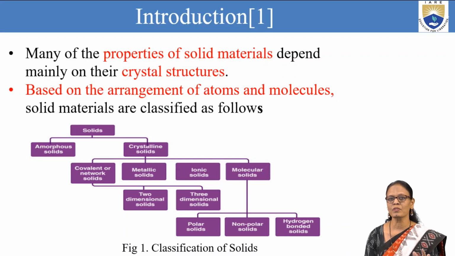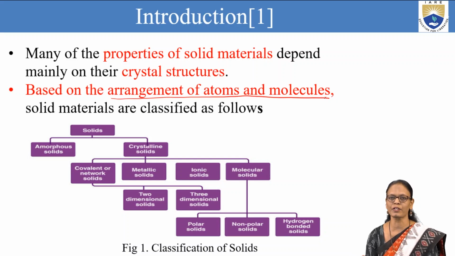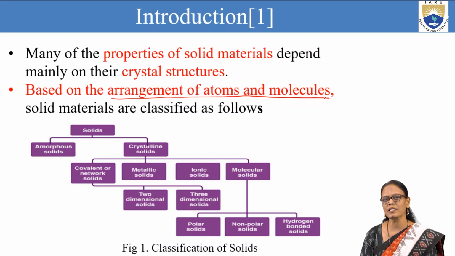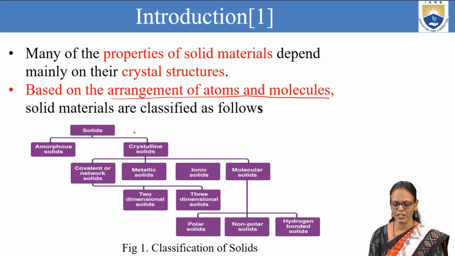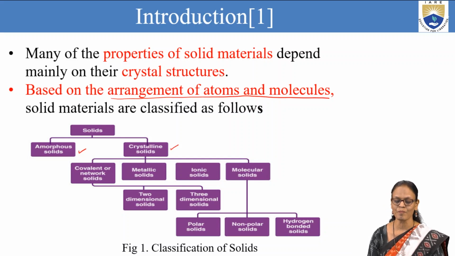Now, coming to the basics of arrangement of atoms and molecules. Based on this arrangement, solid materials can be classified into different categories. The first classification is amorphous solids and crystalline solids. If you take solids, either they are amorphous or crystalline.